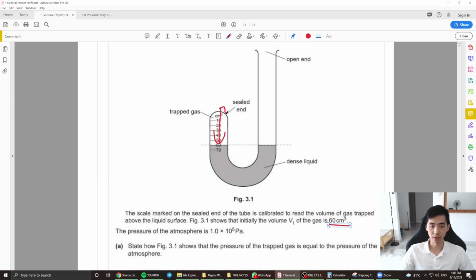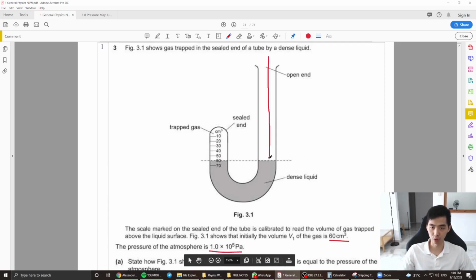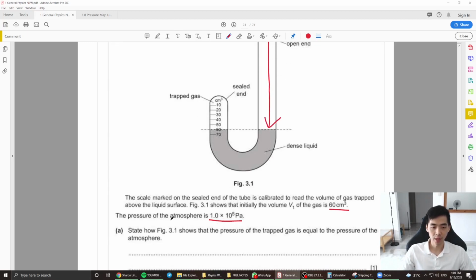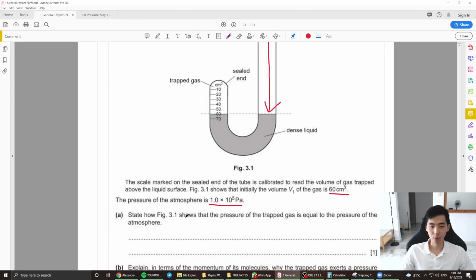So initially here is 60 cm cube of gas. Then the pressure of the atmosphere is this amount. State how Figure 3.1 shows that the pressure on the trapped gas is equal to the pressure of the atmosphere.